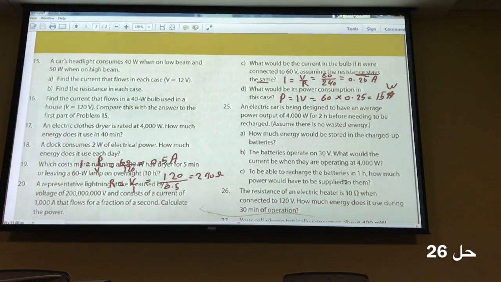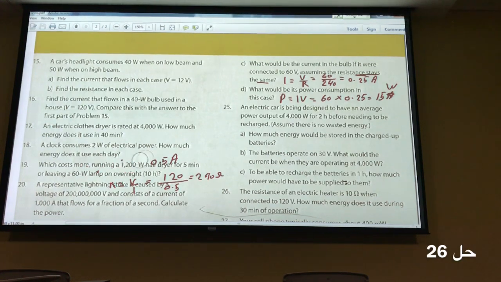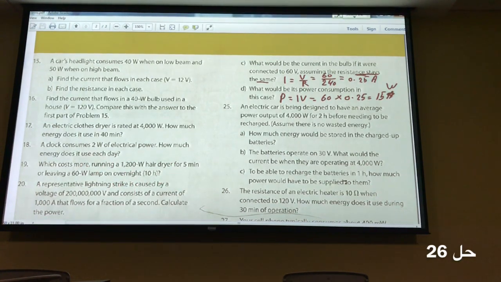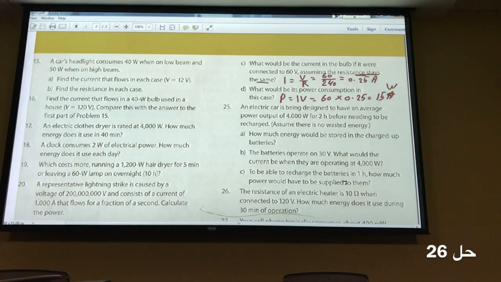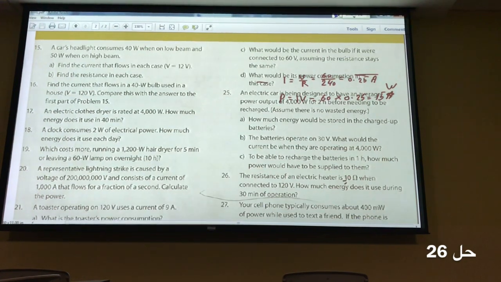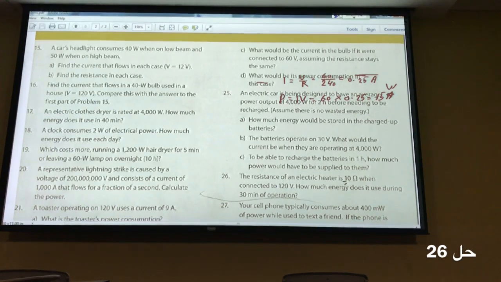Resistance of an electric heater is 10 ohms, connected to 120 volts. How much energy does it use during 30 minutes of operation? This is one of the multiple-step questions. It's not straightforward.